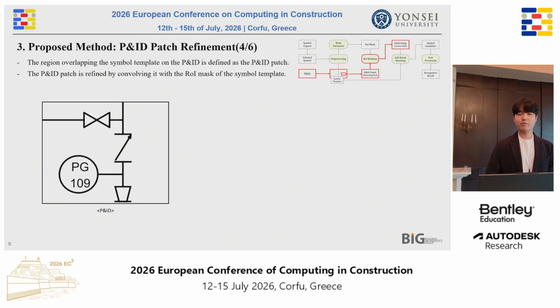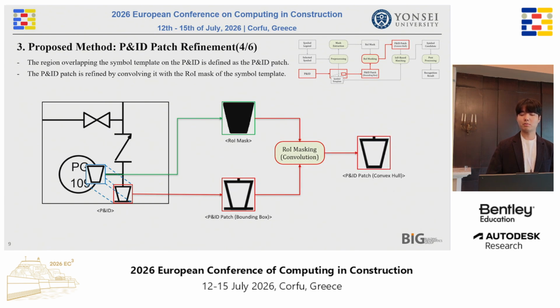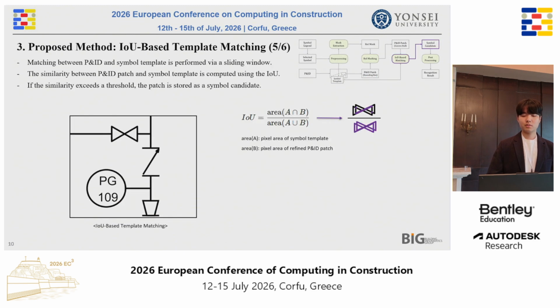Here is how the refinement works. The region overlapping the symbol template on the P&ID is defined as a P&ID patch. The symbol template's ROI mask and the P&ID patch are convolved to keep only the actual shape of the symbol. Next, let me explain the template matching process.